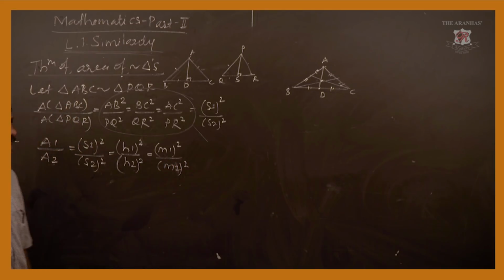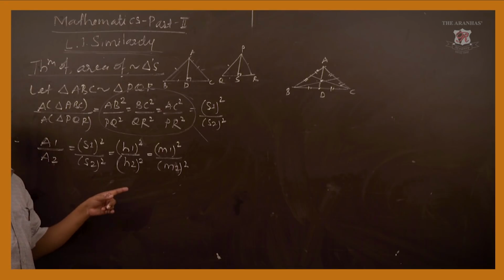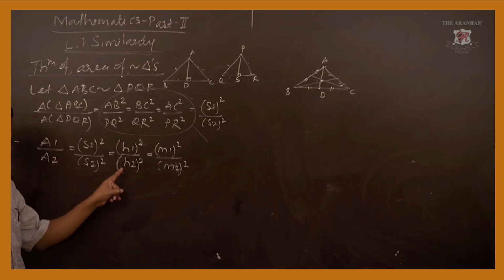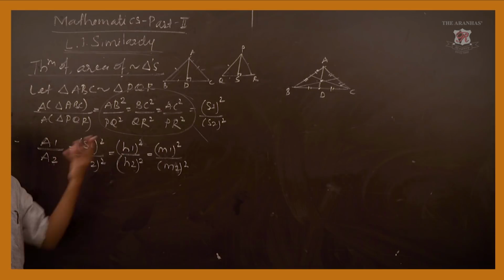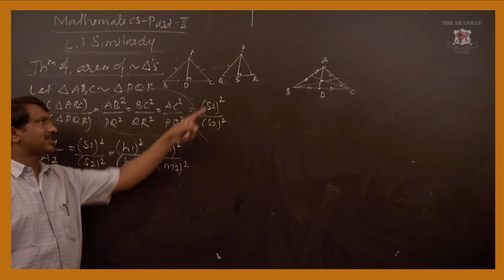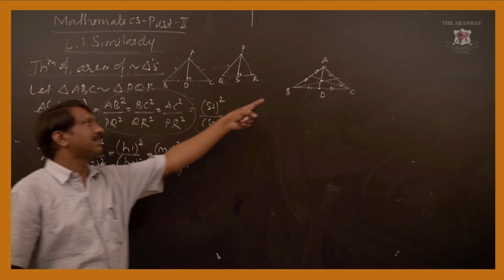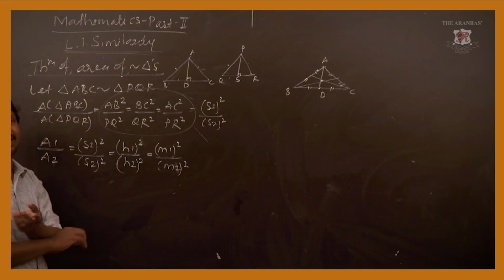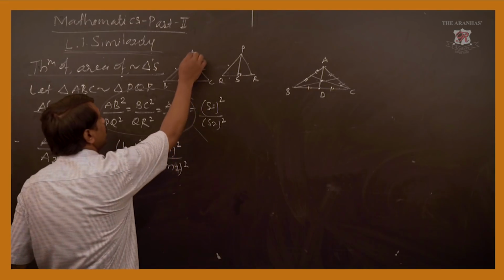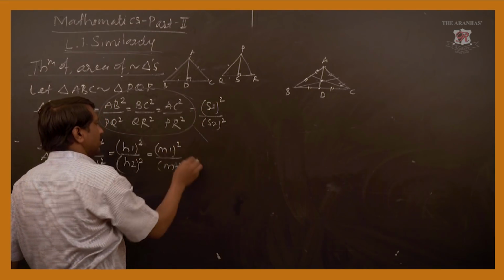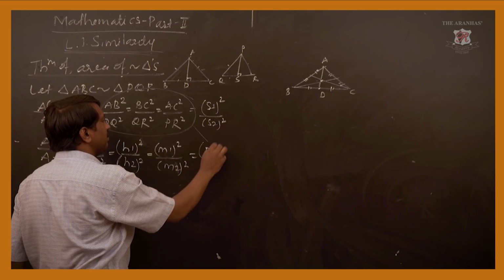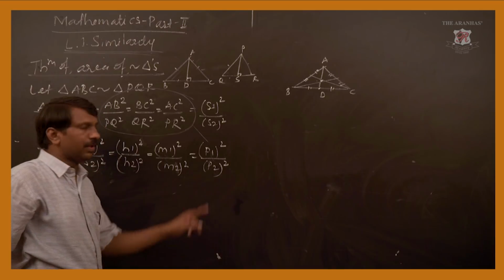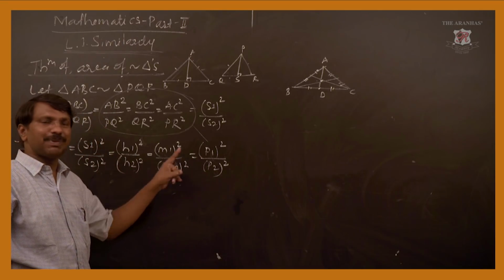And the last one is left. Which concept did we discuss here? The three sides are in proportion, three altitudes also in proportion, and the ratio is equal to the square, as well as the medians, as mentioned in the diagram. And one more is left, very important: the perimeter. Perimeter means we can write P1 square upon P2 square, where P means perimeter.